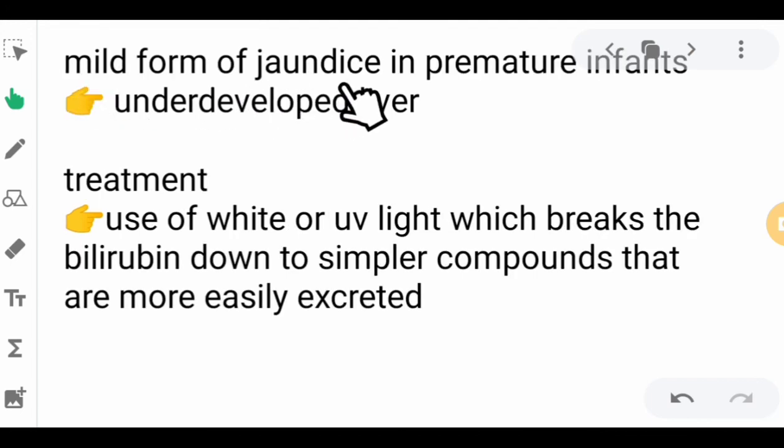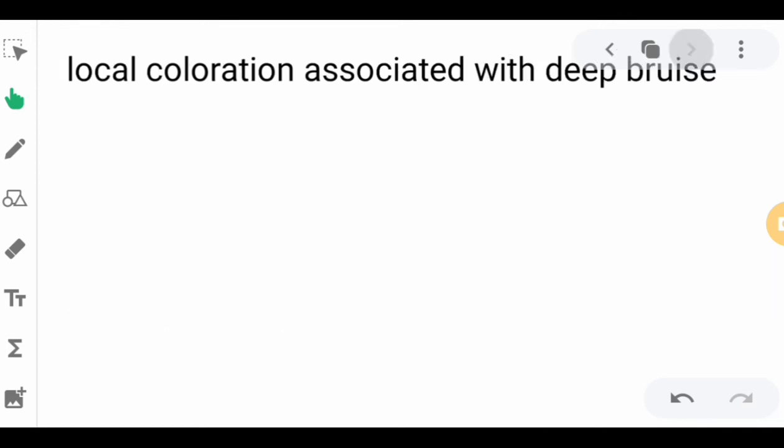A mild form of jaundice in premature infants occurs as well because of their underdeveloped liver. That's why they are sometimes generally colored yellow. The treatment for that is the doctor will use white or UV light, which breaks the bilirubin down to simpler compounds that are more easily excreted.